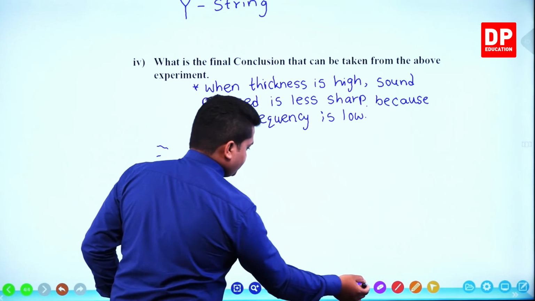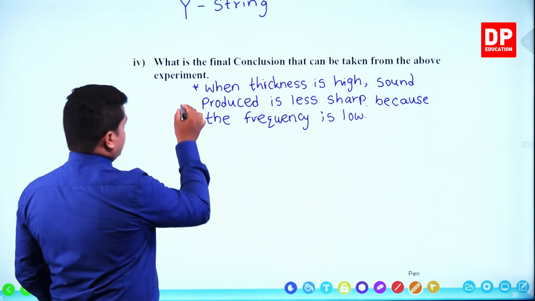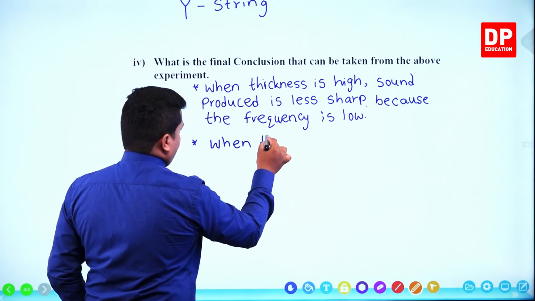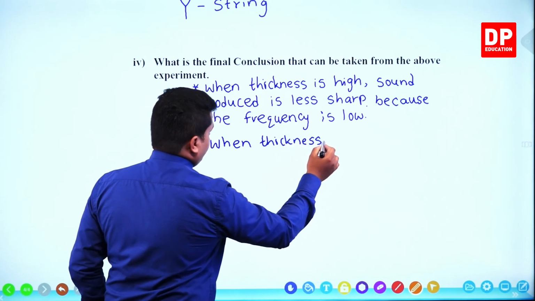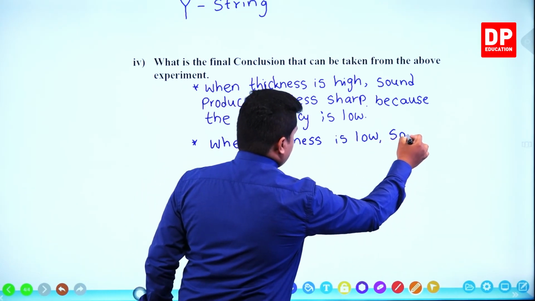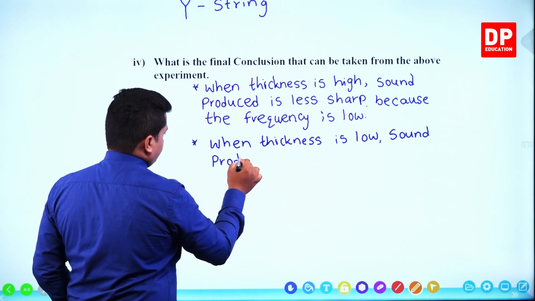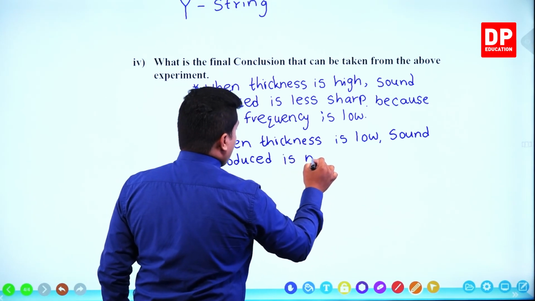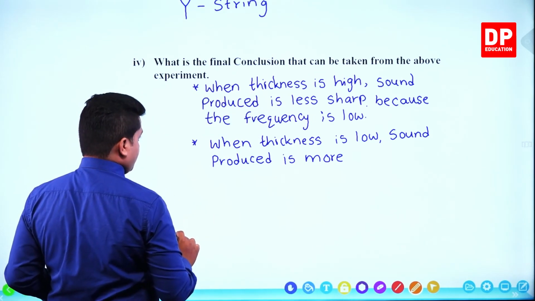I'll write it. Second point: when thickness is low, sound produced is more sharp, or else we can just use sharp.